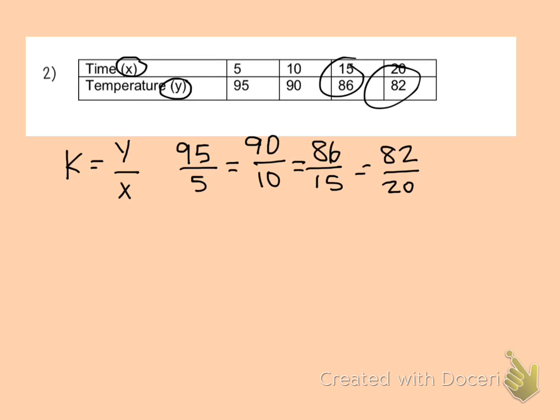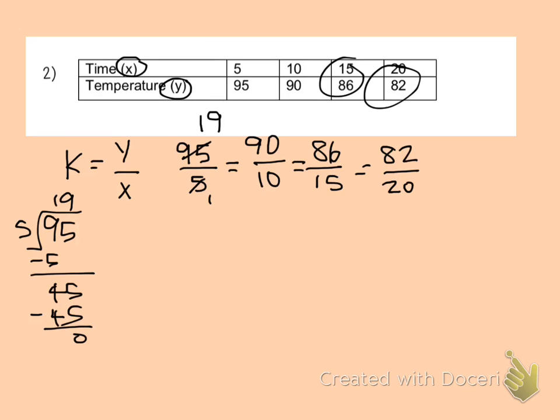Okay, so we simplify that. We say, well, 5 divided by 5 is 1, and we know that 5 goes into 95. If you don't know how many times 5 goes into 95, then you could just go over to the side and try that out and see that it goes in 19 times. So this is 19. And then 10 divided by 10 is 1, and 90 divided by 10 is 9.